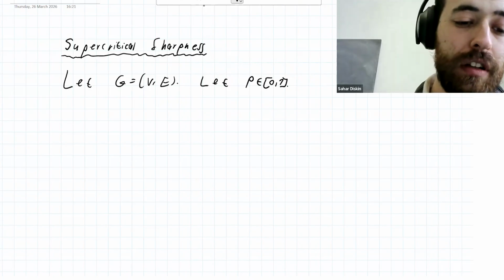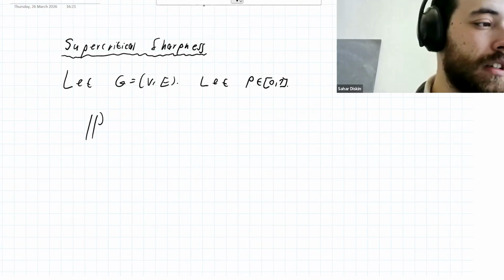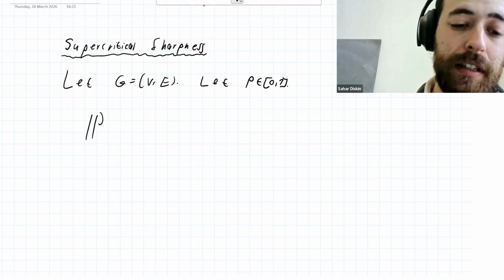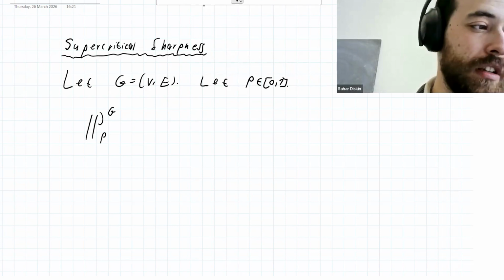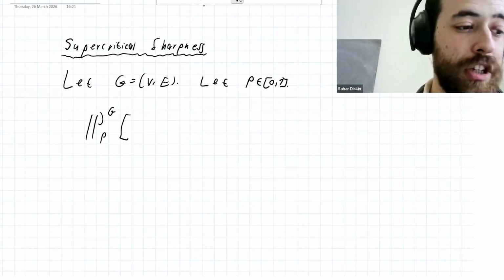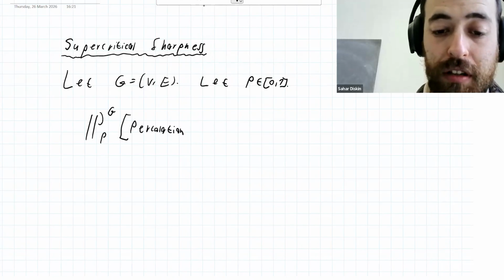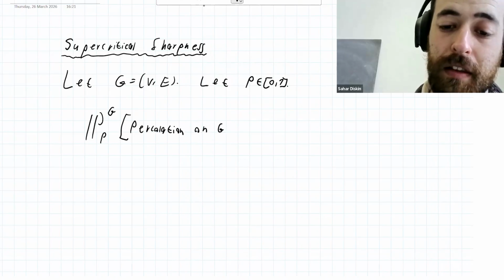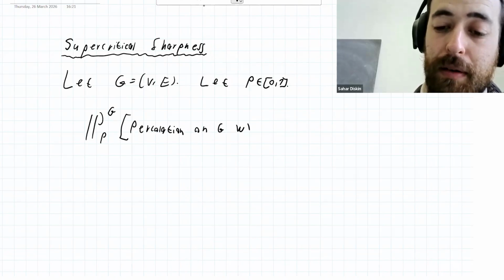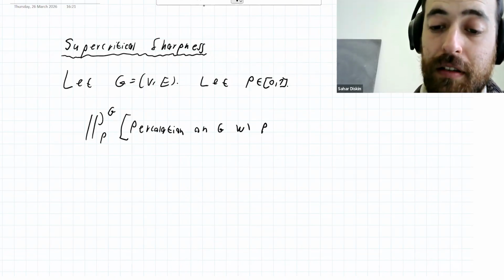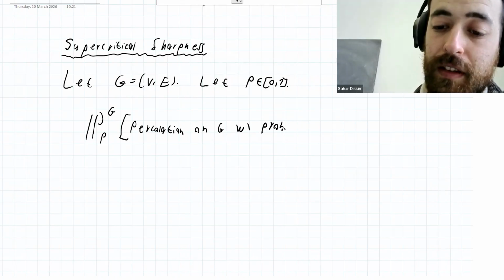We can consider the measure with parameter P on the graph G, which is what we will call a percolation on G with probability P.